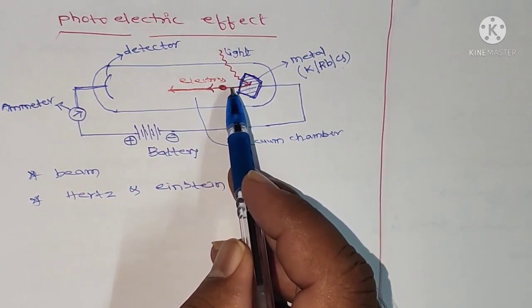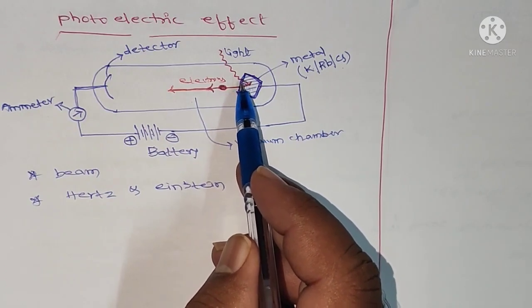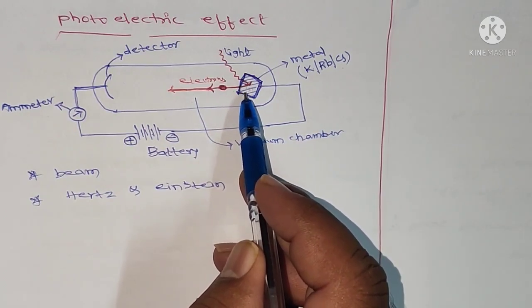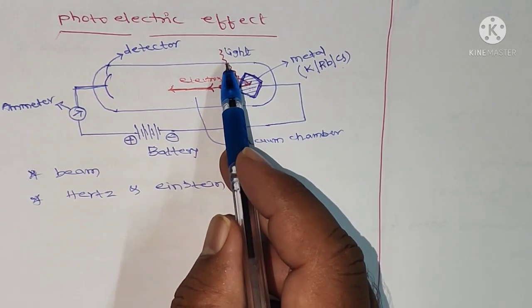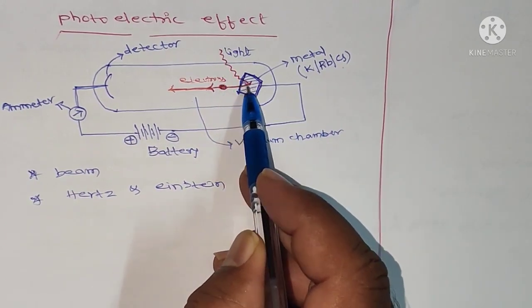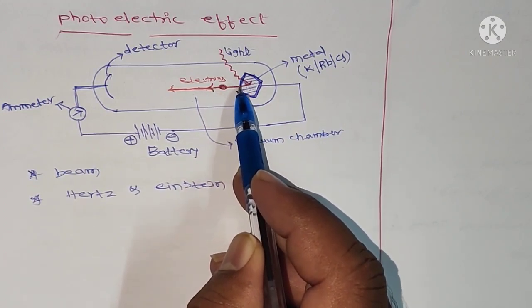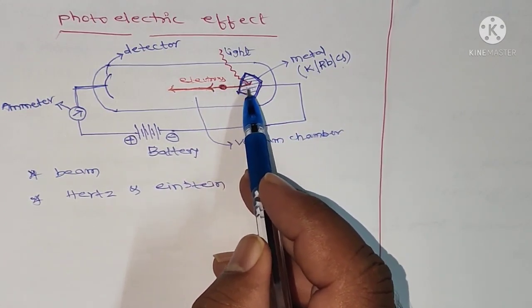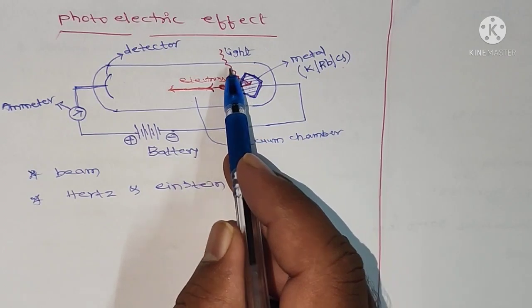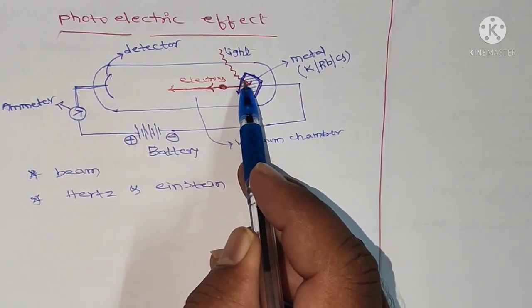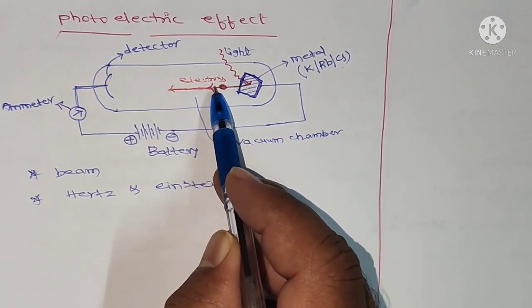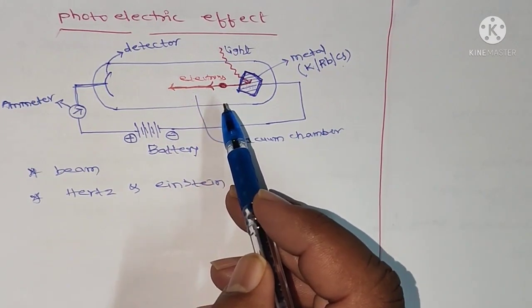In the sense, these two appear simultaneously. So here, striking of light and ejection of electrons occur simultaneously. There is no time gap between the striking of the light and the ejection of the electrons.